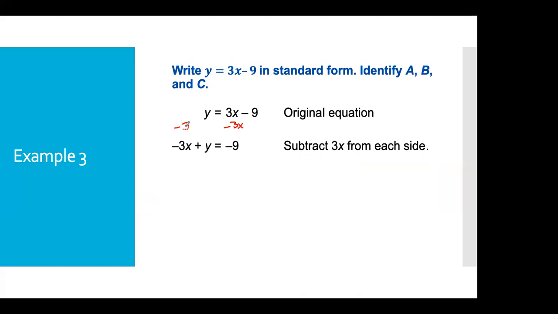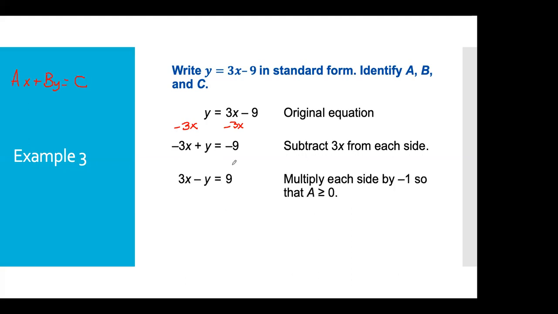minus 3x. And as a reminder, our format again is ax plus by equals c. So when we do this, we now have negative 3x plus y equals negative 9.